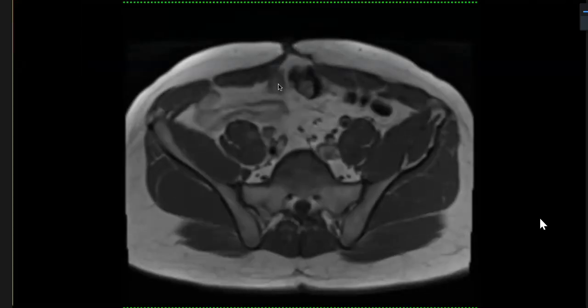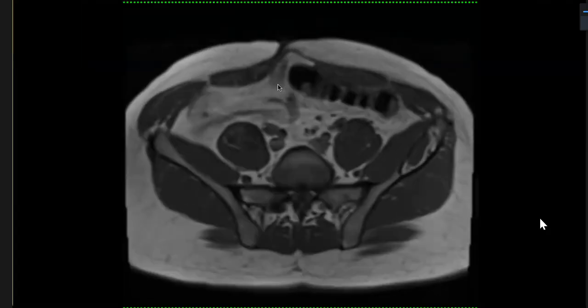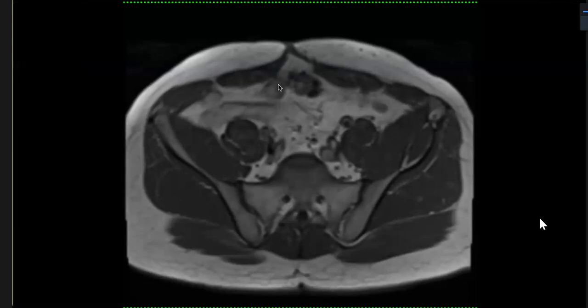So this is a simple bone cyst, a benign pathology of the left iliac wing, with no pathological fracture, no soft tissue extension, and no cortical breach. I would inform my findings to the referring clinician and refer this patient to the ortho MDT.